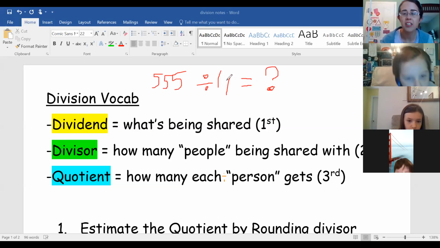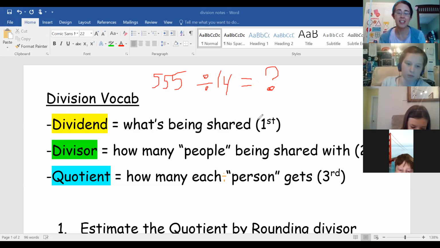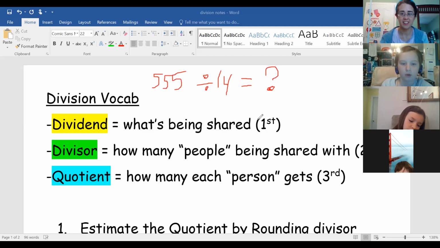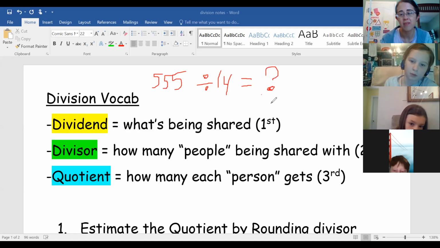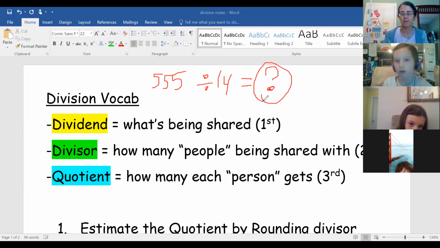Oh yeah, it was supposed to say 14. Thank you. 14 is the divisor. And what do you see third? The question mark, which we don't know, which would be the quotient.